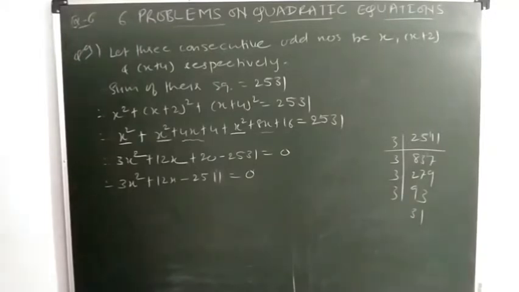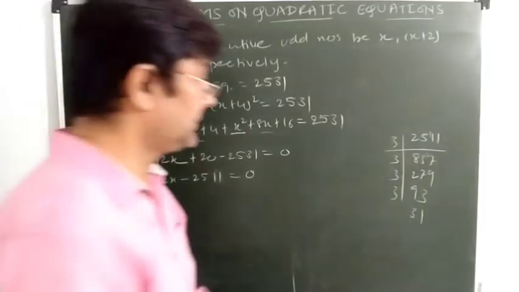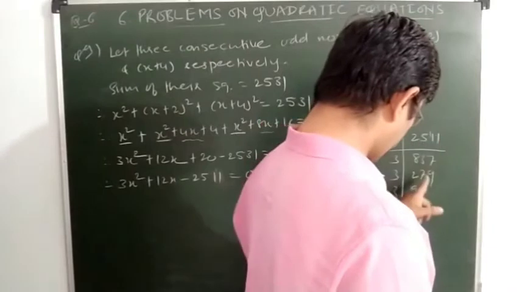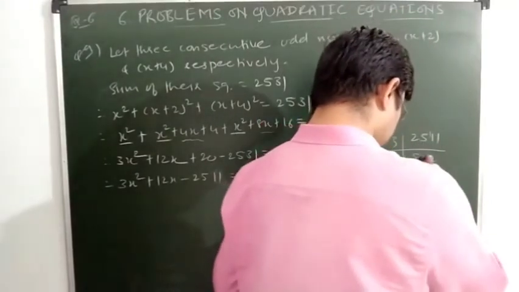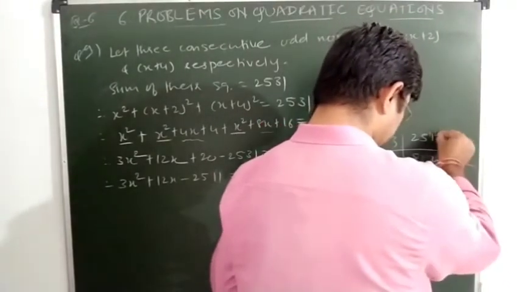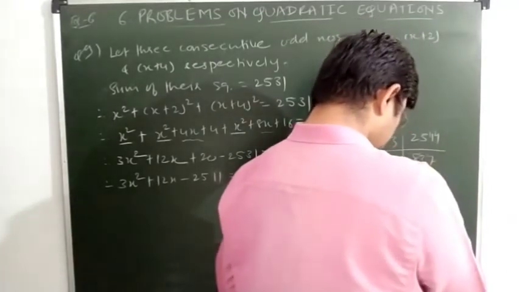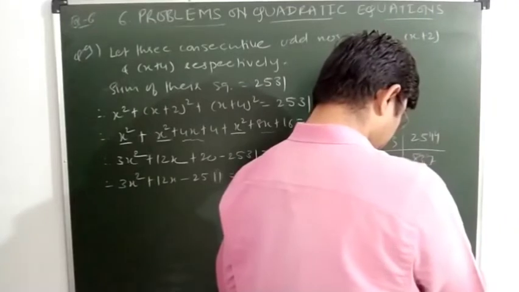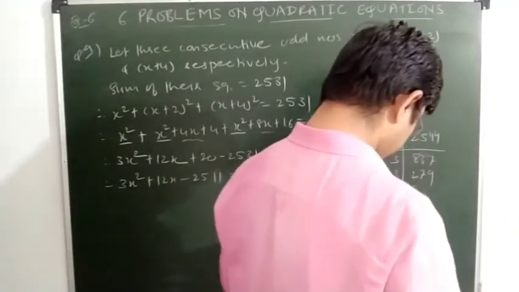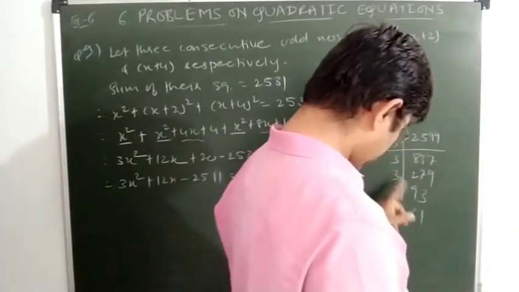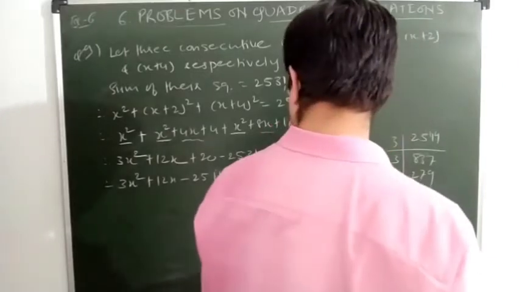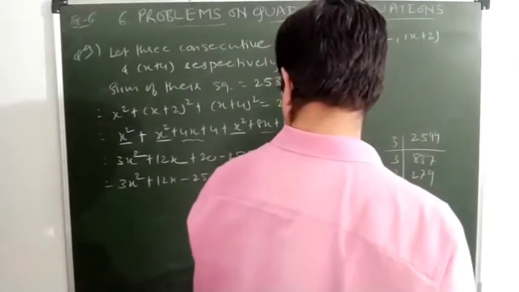Yes or no? 81 minus 31 will not do. Okay, again let me check whether we have made any mistake. 3 7s are 21, 3 9s are 27, and 31, 21 and 11.